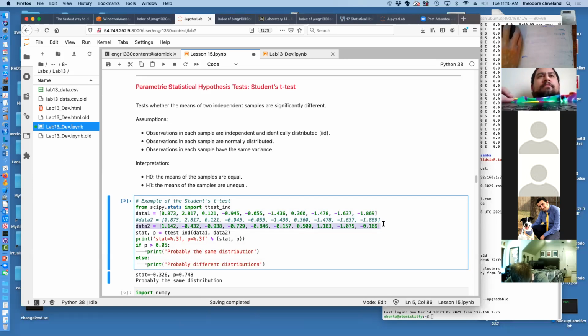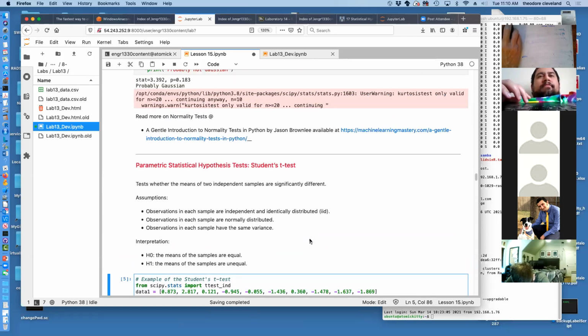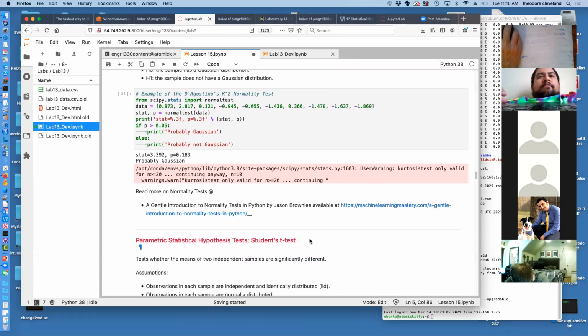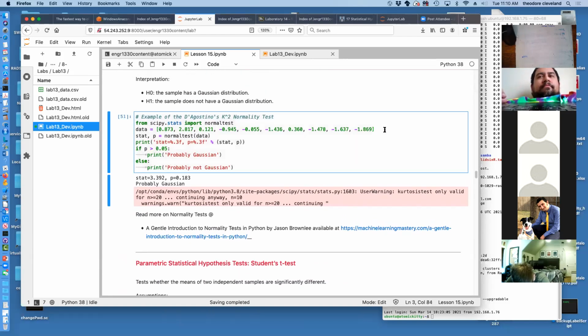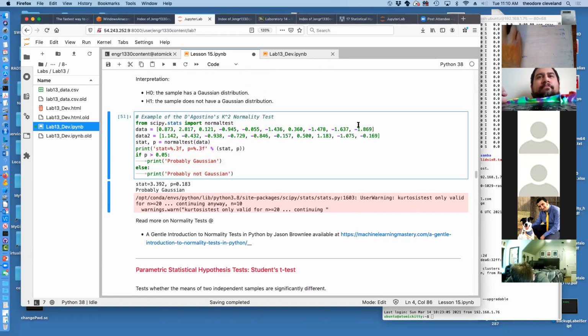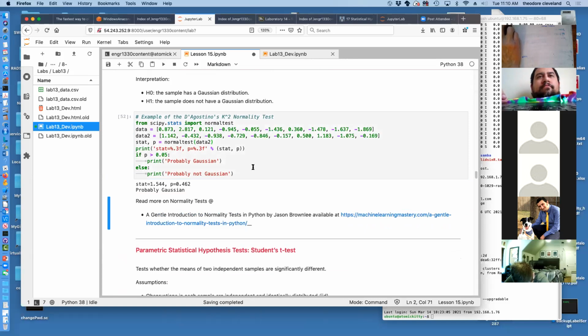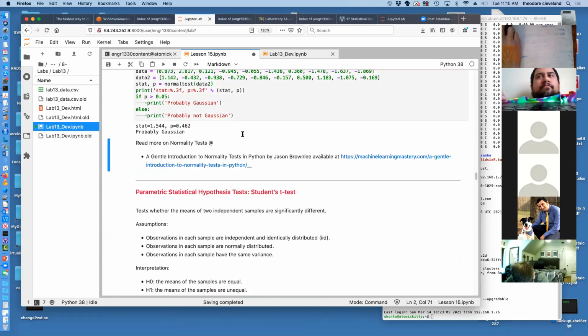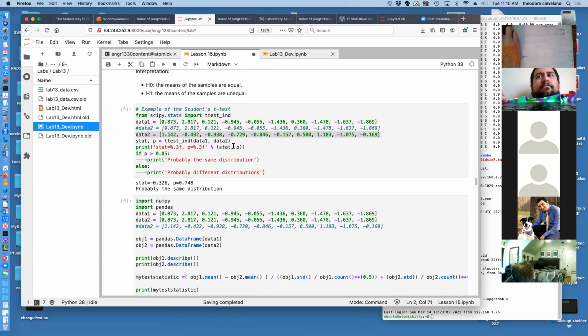Let's go ahead and check this data here, see if it's Gaussian. Sure enough, our data 2 is also Gaussian. So now we're going to compare data 1 and data 2.